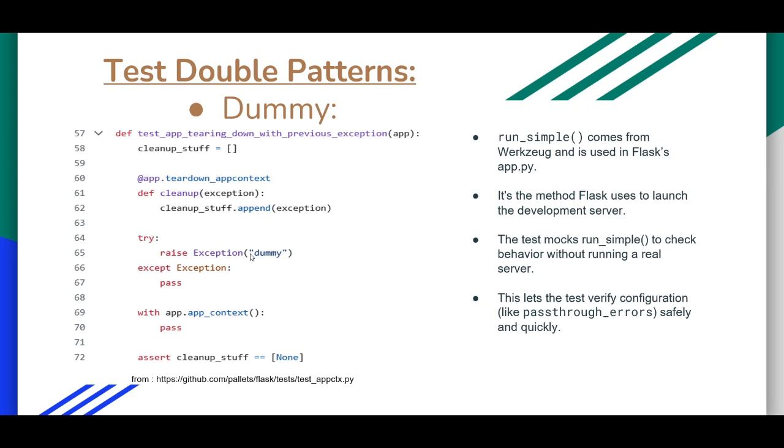It's just there to simulate that something happened earlier. That makes it a dummy. It's passed around, but it doesn't matter. So that's how Flask uses a dummy pattern to simulate a situation without changing anything, and it's a placeholder that lets the test focus on what's really important.